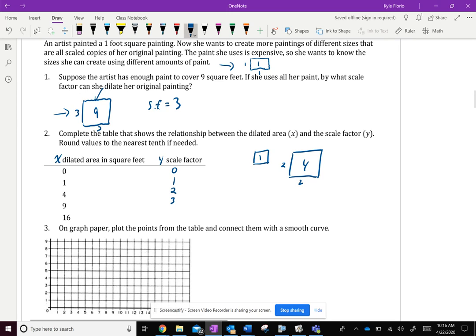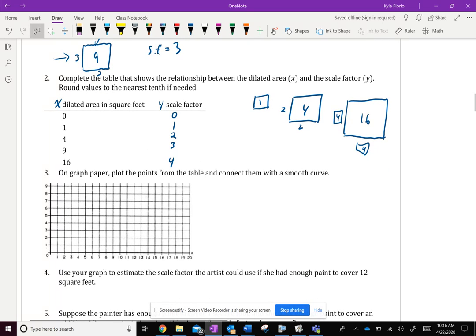If this dilated area was 16, what would the scale factor have had to have been? Well, what times what equals 16? I think that's 4 times 4. So if I multiplied the original painting with a scale factor of 4, then I would get that area of 16. So there we go.